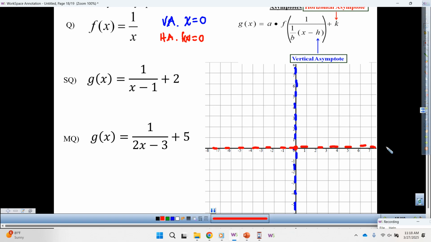Good? All right, let's go to the next one, example super Q. I want you to write VA, x equals. So now check this out. Whenever you have this on the denominator, to find the VA, set it equal to 0 and solve. Plus 1 plus 1, x equals 1, so my VA is 1.